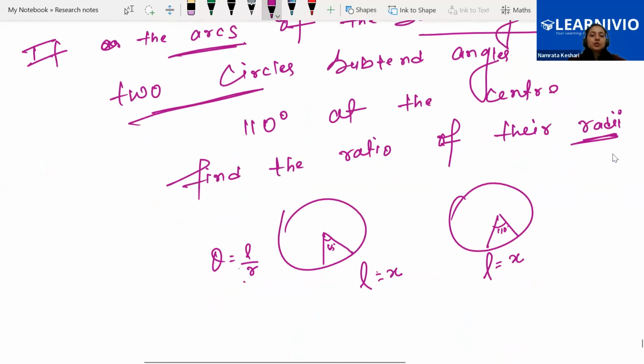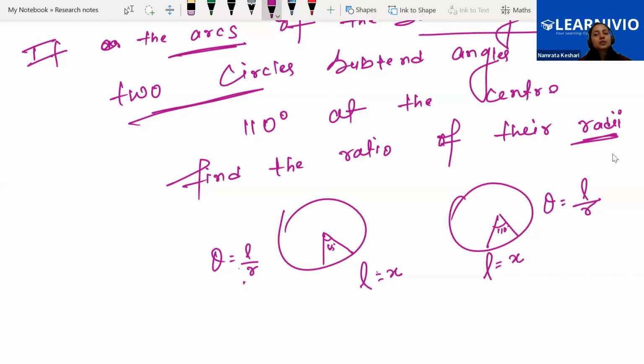So theta is equal to L by R, the same formula over here. But I told you that this formula will only take angle in radian, right? Right, Alina? And here the angle is given in degree. So we will be focusing on converting it to radian.